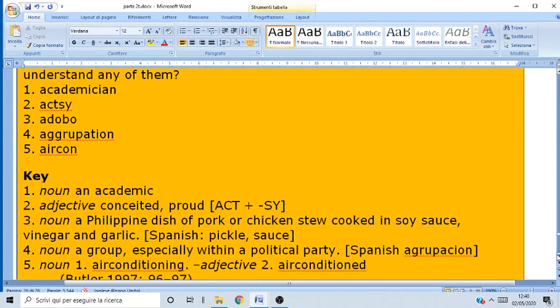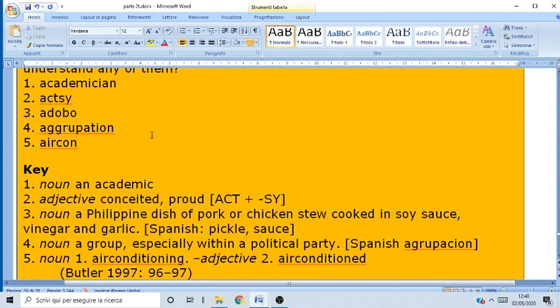So the first one, academician, is clearly the noun for academic. No problems with that. Actsi, a little more difficult, but still understandable maybe, is an adjective, and it means conceited, proud. So act plus the suffix si.